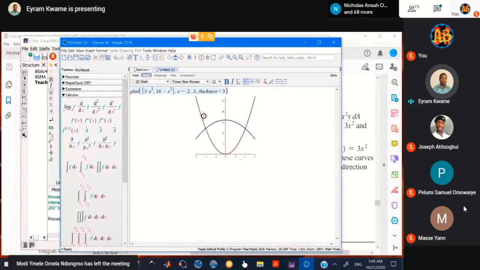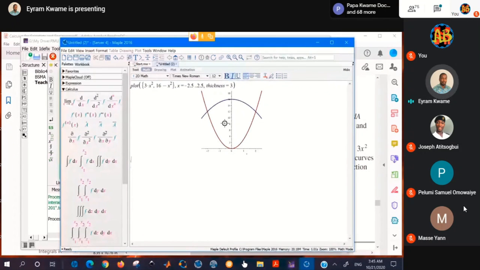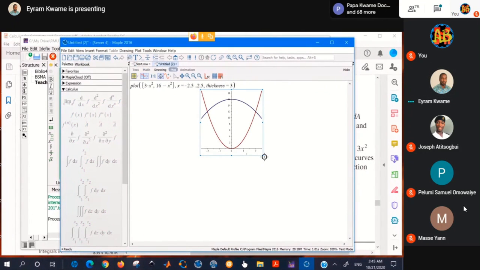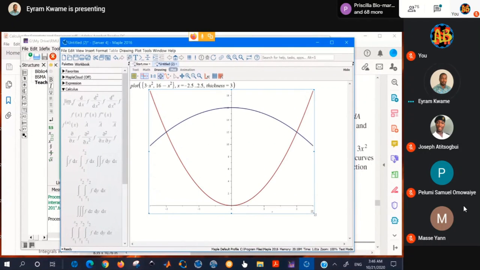I think they intercept at 2. So let me see. So this is 2.5. Good, this is okay for me. Let me just enlarge the graph. Good, this is how these graphs look.